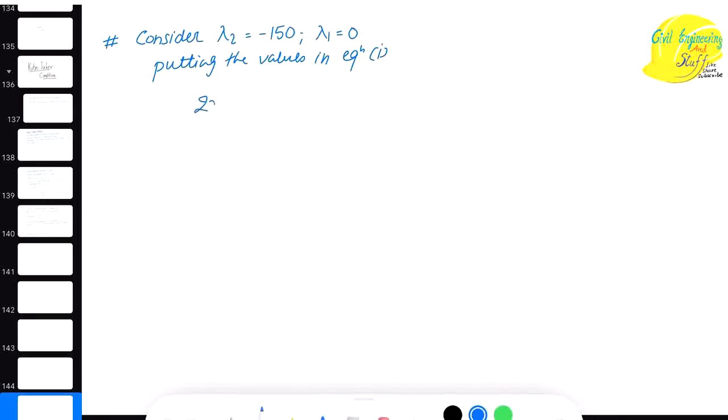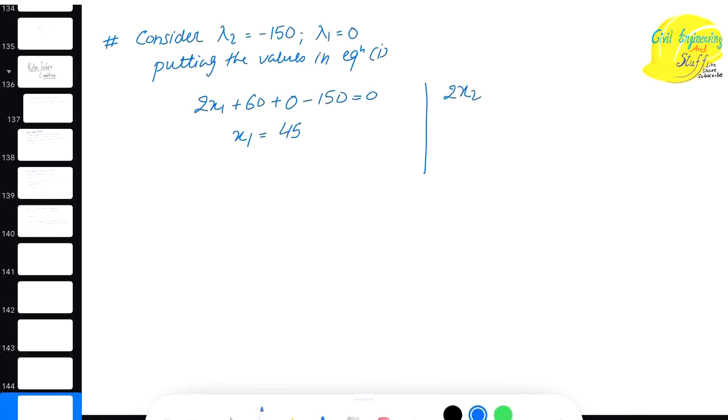So we'll have 2x1 plus 60. Lambda 1 is 0, so we'll put 0. Lambda 2 is minus 150, and this will be equal to 0. So through this we'll get the value of x1 to be 45. The equation number 2 is 2x2.